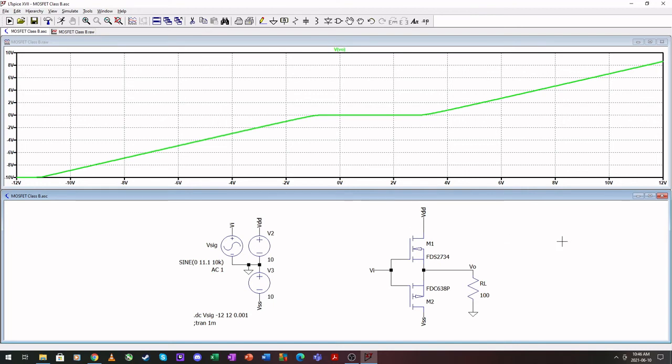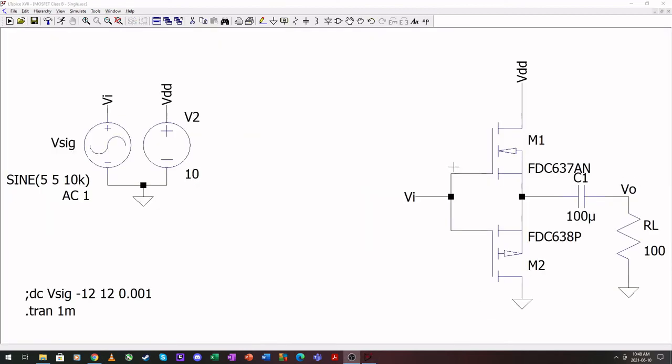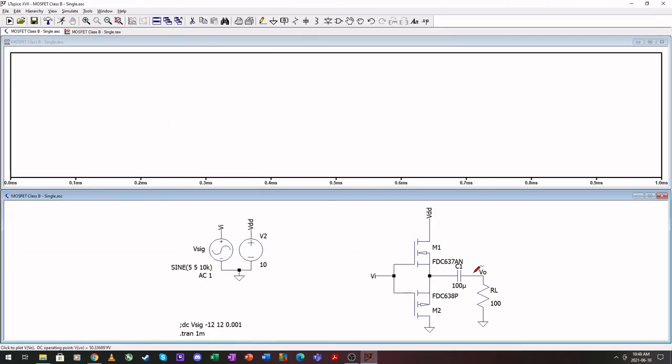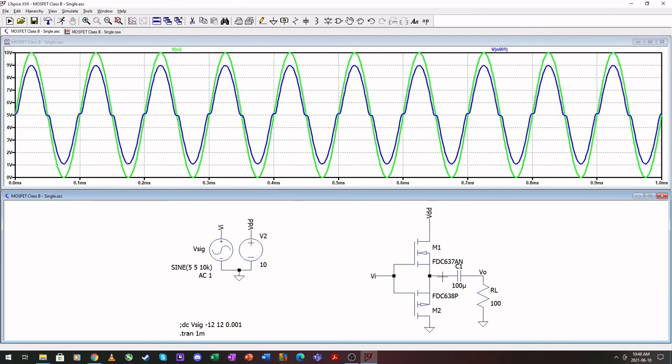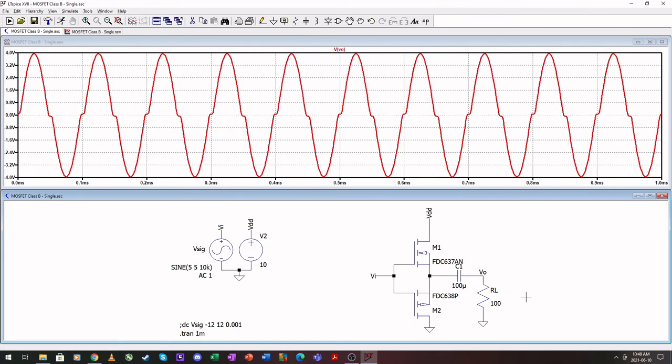Okay, let's have a look at a single rail and then the improved version. So here is our single rail application. 5 volt offset. Let's run this. Input, output. There's a lot of losses on the output for this because it's MOS and the threshold is much higher than the BJTs.